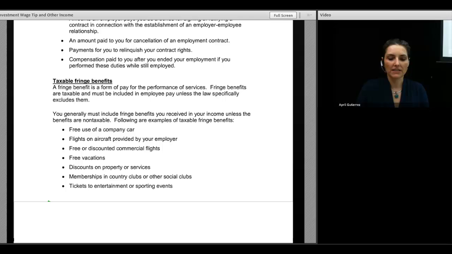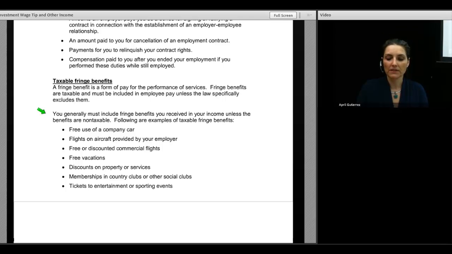And let's look at some taxable fringe benefits concepts here so that maybe when you see one, you know what it is. A fringe benefit is a form of pay for the performance of services, and fringe benefits are taxable and must be included in the employee's pay unless the law specifically excludes them. You generally must include fringe benefits you received in your income unless the benefits are non-taxable.